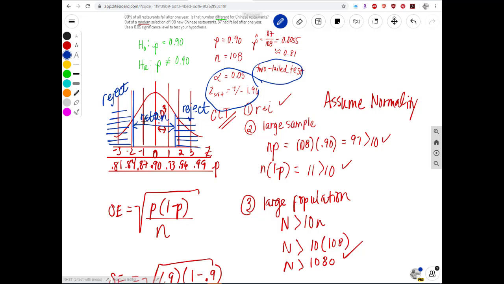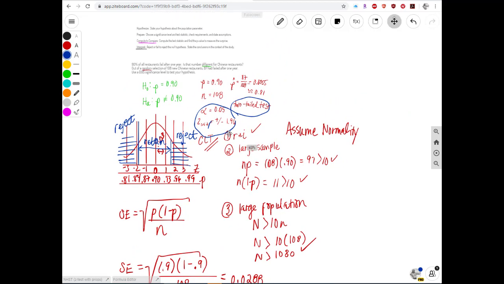So you're going to retain in through here, reject if you get a z-score that is more than positive 1.96, and you're going to reject if you get a z-score that is less than negative 1.96. Okay, so that is our compare and contrast step.